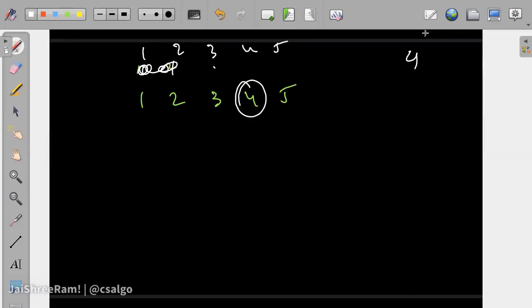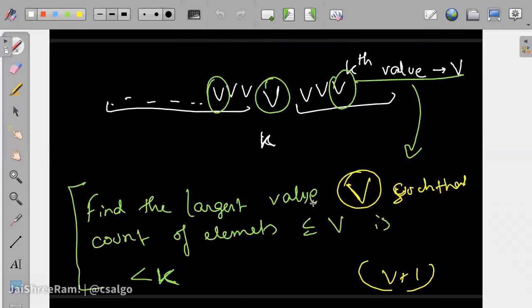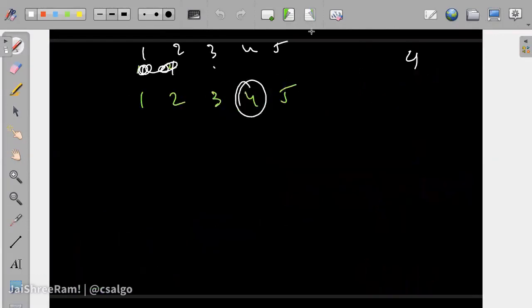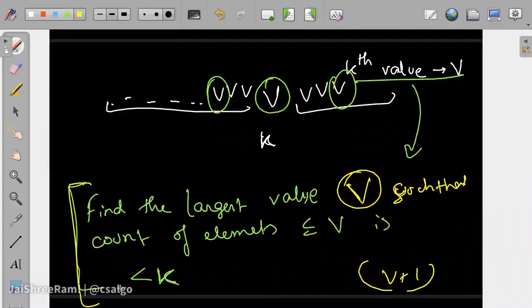So I'm transforming this into find the largest value V such that count of elements less than equal to V is less than K. So if you search for this using binary search, what we will get is 3, because less than equal to 3, there are 3 elements, which is less than 4. And if you just go to next value 4, you will get more than K elements. So if you use binary search to find this particular V, you will get 3, and we know the answer is V plus 1.